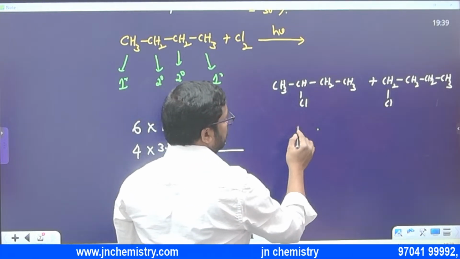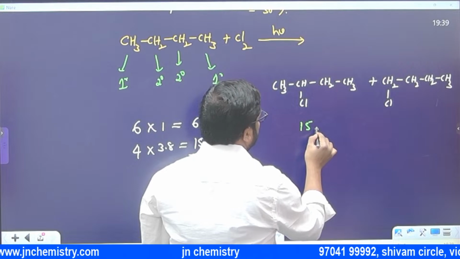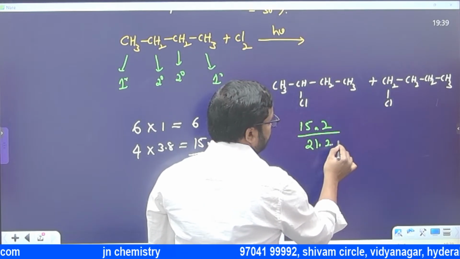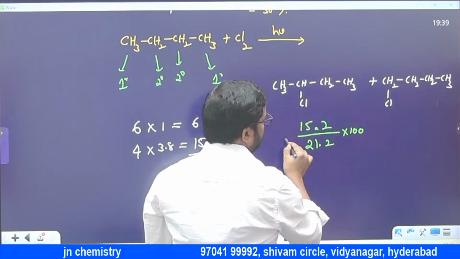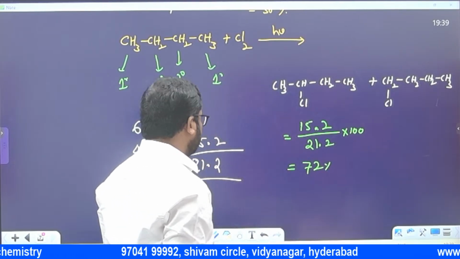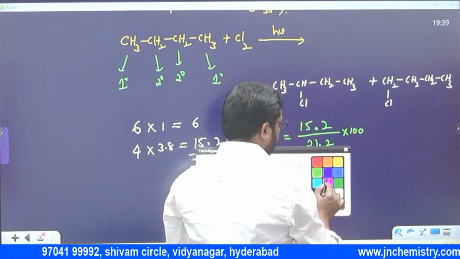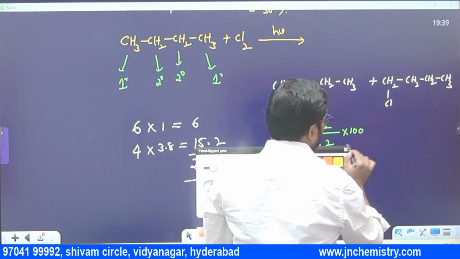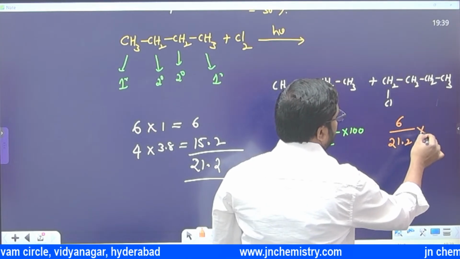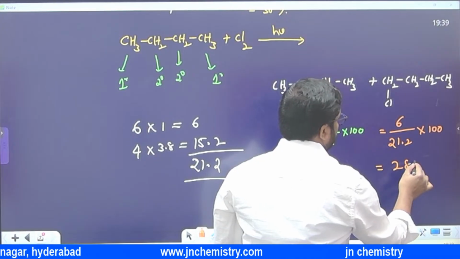So here is 15.2 by 21.2 into 100, 72%. And exactly 6 by 21.2 into 100 is 28%.